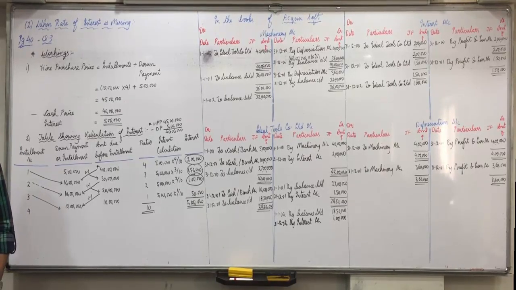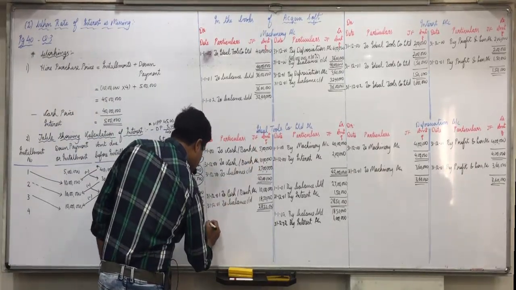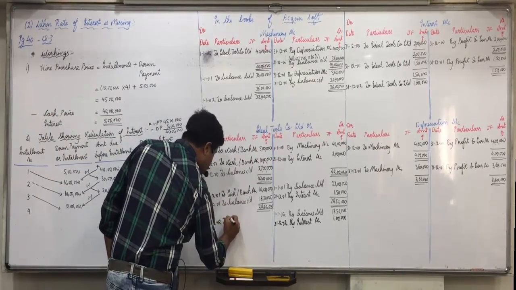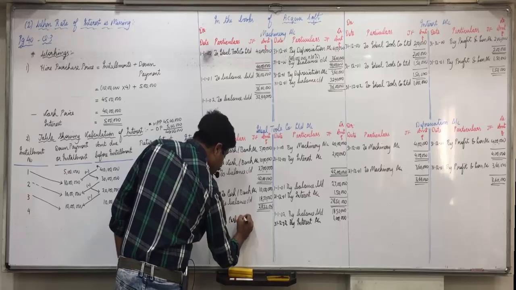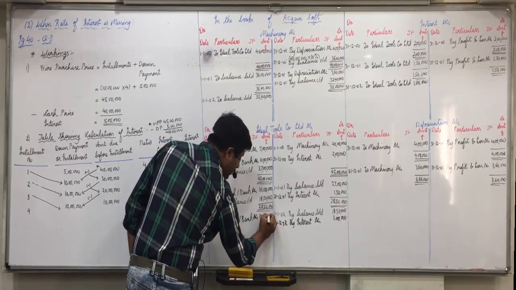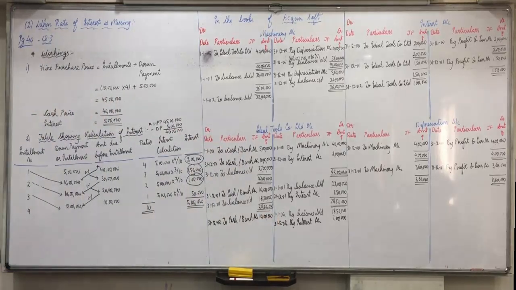No. Ideal Tools to cash. Seller to cash. Ideal is the receiver and cash goes out. Ideal Tools Limited debit side 31/12/02 to cash or bank account. What amount? 10 lakhs. Each installment is of 10 lakhs. Are you able to understand this? Yes, sir. Any doubt up till here?